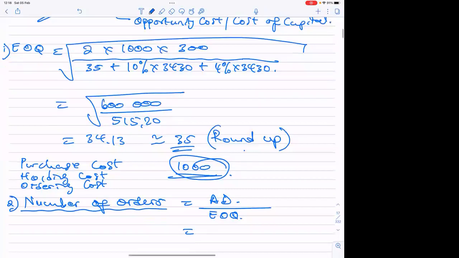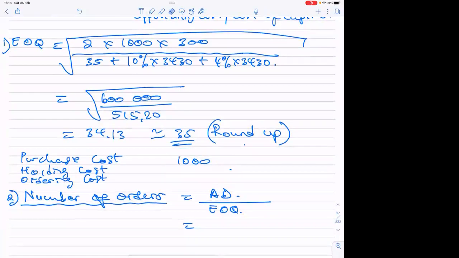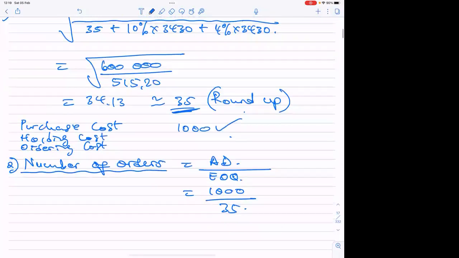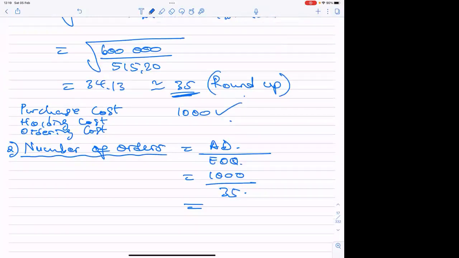The entity has a demand of 1,000 or a usage of 1,000. Every time they order from their supplier they order 35, so the orders will be 1,000 divided by 35.